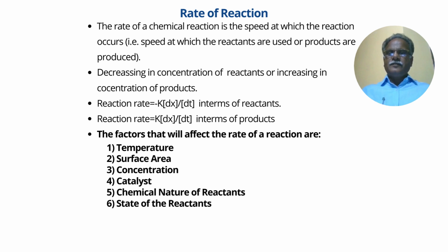Next, the most important thing is the factors that will affect the rate of a reaction. They are temperature, surface area, concentration, catalyst, chemical nature of reactants, state of the reactants.